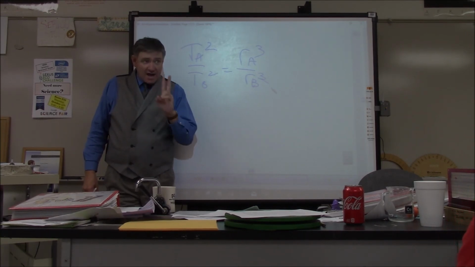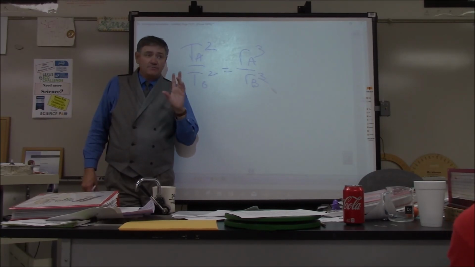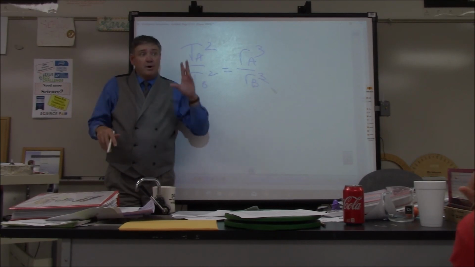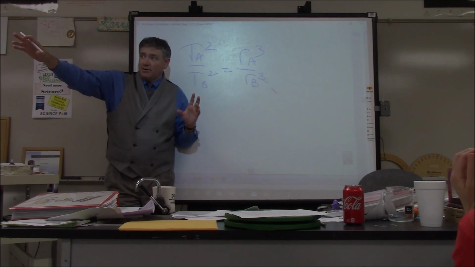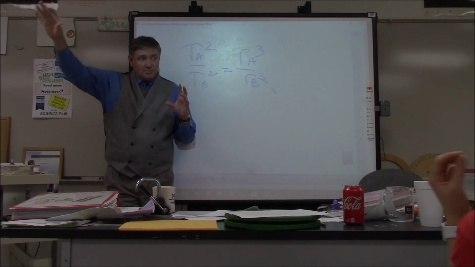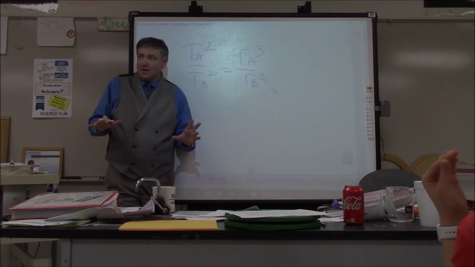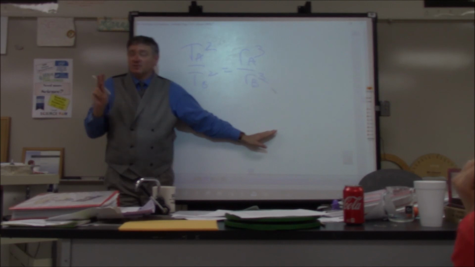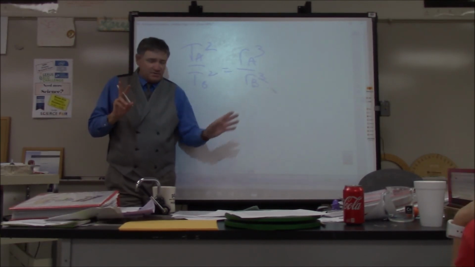They have to orbit the same center. Like we can compare Earth and Mars because they both orbit the sun. But we could not compare Earth to a moon of Jupiter, because the moon of Jupiter is orbiting Jupiter and the Earth is orbiting the sun. This works, it's a beautiful ratio, but they have to orbit the same center. And later on you'll see why that works.